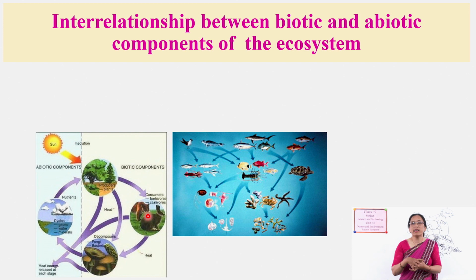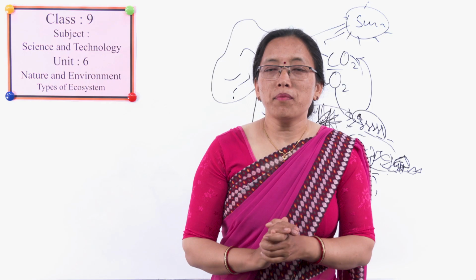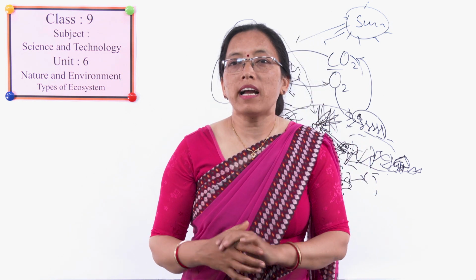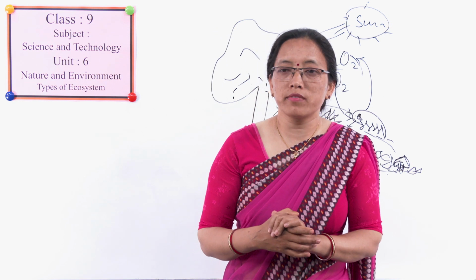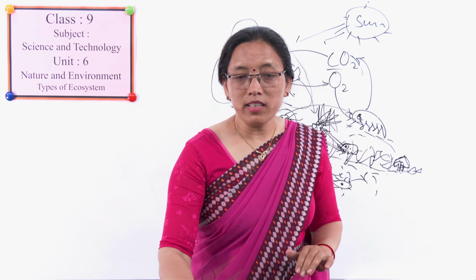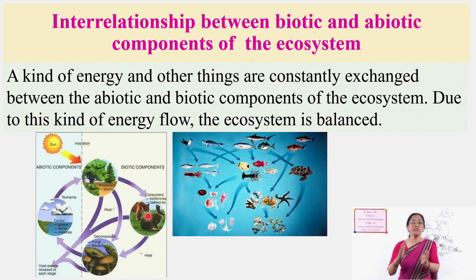Directly or indirectly, there is a deep relationship between the abiotic factor and biotic factor of an ecosystem. Okay, today we have discussed the different types of ecosystem and the interrelationship between the different biotic and abiotic components of the living organism. Here you can find out the flow of energy, how energy is flowing.